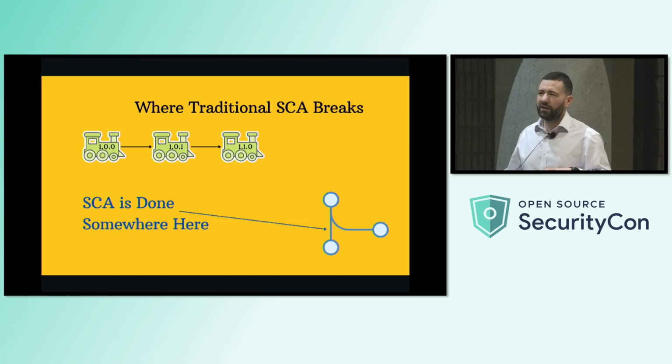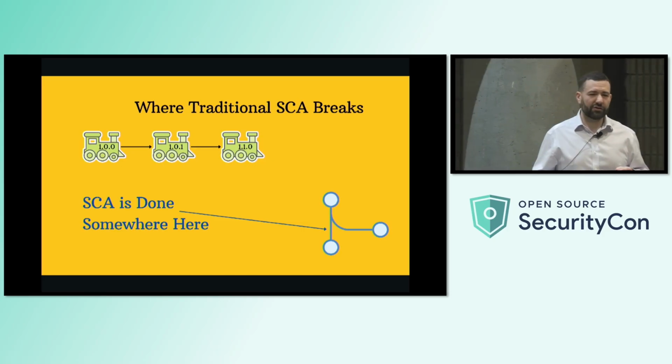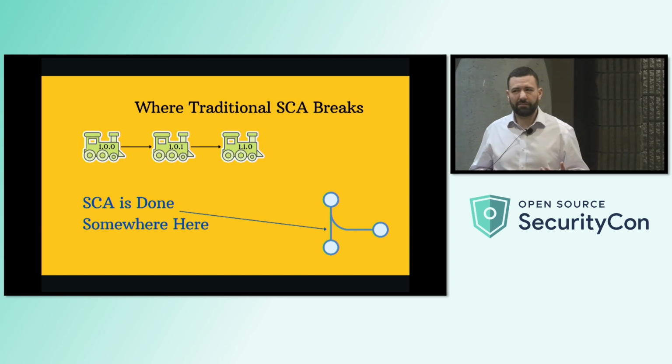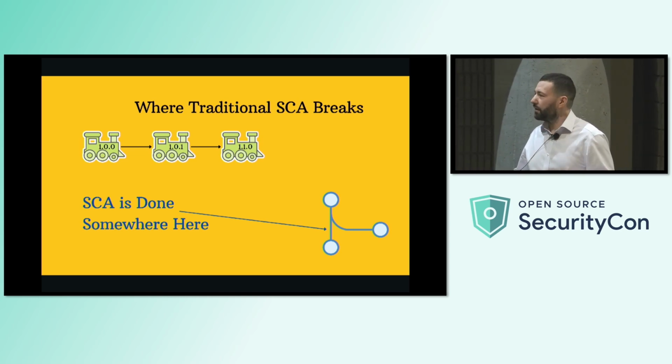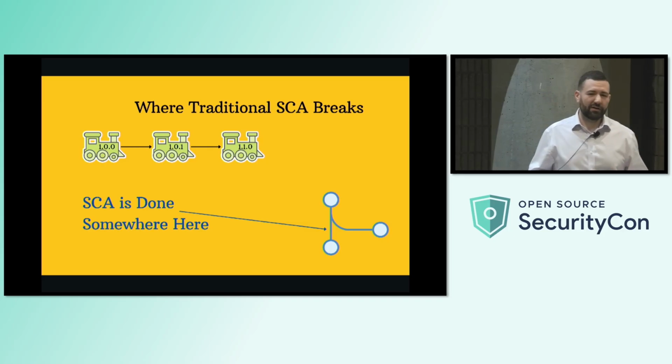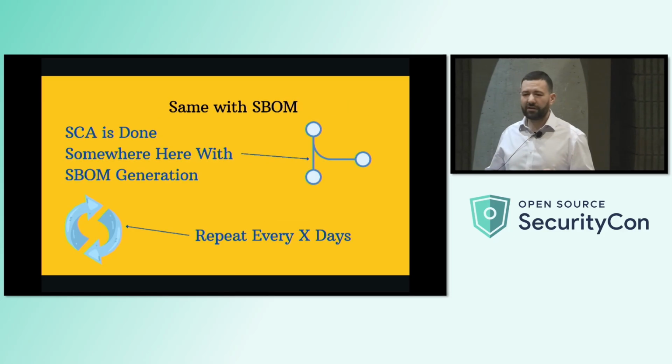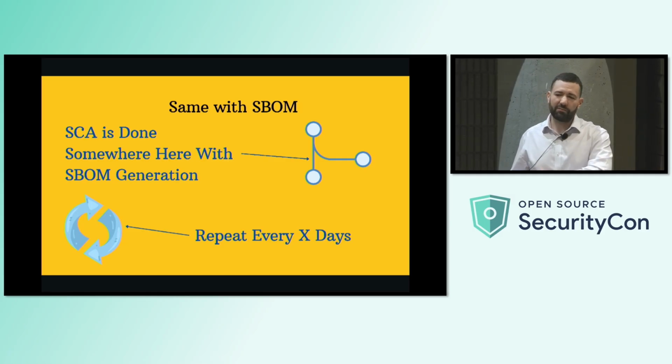Then a few things happened, like Log4Shell, and SBOMs became a really big thing. Compliance started to require SBOMs. So in a lot of cases, SCA pipelines did the same thing, but now with SBOM.